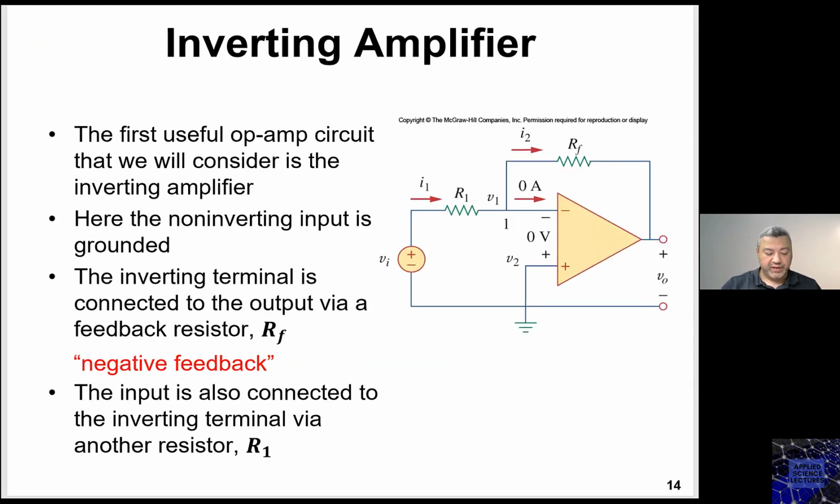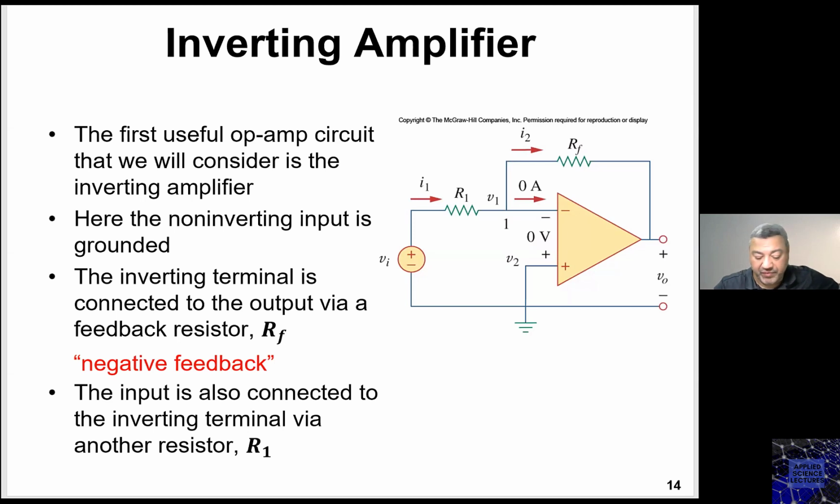Okay, so now let's start with the first type of amplifiers, which is the inverting amplifier. For the inverting amplifier, the output V naught, as you can see here, is being connected through a resistor to the inverting input.